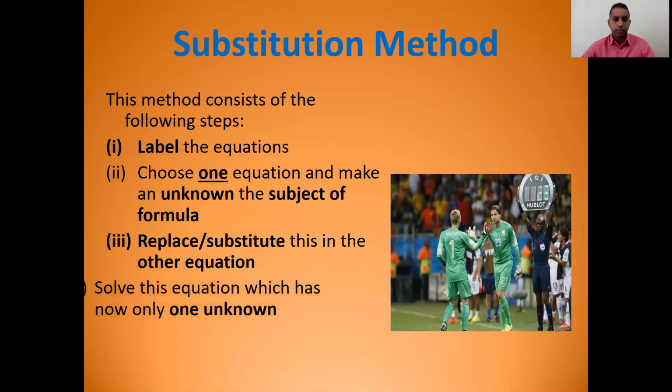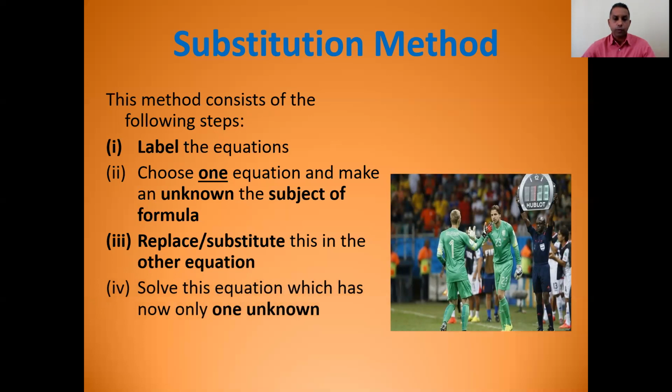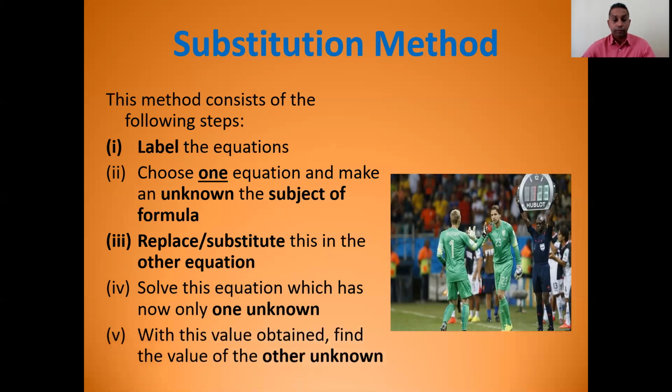The fourth step would consist of solving this equation, which now involves one unknown only. And the last step, you have to remember that you have to find the value of x and the value of y at the same time. So both unknowns have to be found.